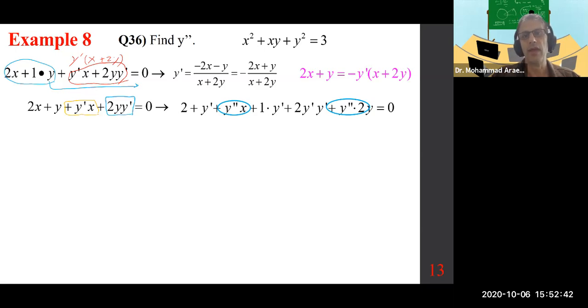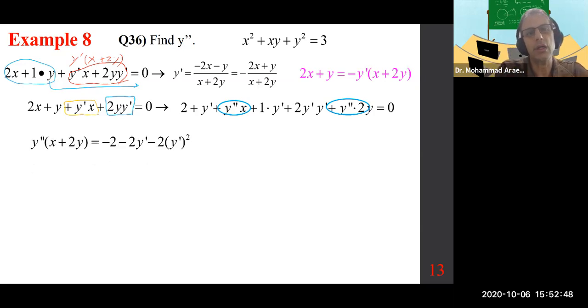And we factor out y double prime. You get x plus 2y, and everything else goes to the other side. Take a look. 2 goes to the other side. y prime goes to the other side. This one, and everything takes a negative sign on the other side. I'm just showing you the algebraic technique. You should be having an easy time with that.